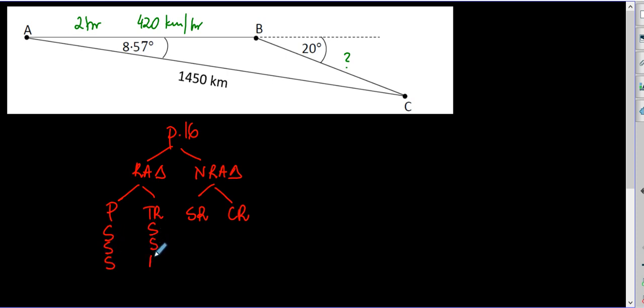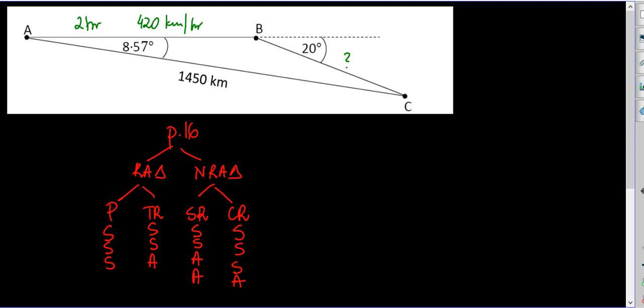Trigonometric ratio, doesn't matter which of them, 2 sides and an angle. Sine rule, 2 sides, 2 angles, and cosine rule, 3 sides and an angle. If you are not familiar with that, have a look at the video on the basic knowledge, where I'm explaining how page 16 works and how we use that in questions with triangles.